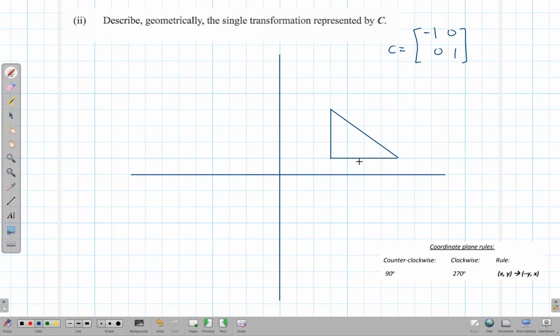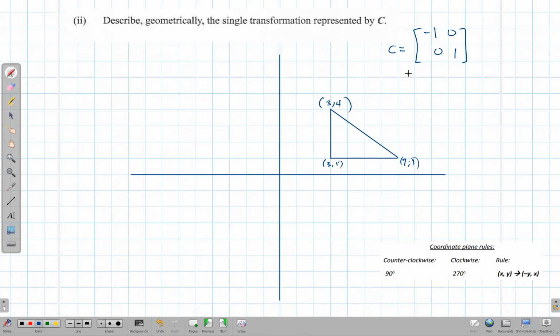In this case we have a triangle, and here this is (3, 1), this is (7, 1), and here we have (3, 4).